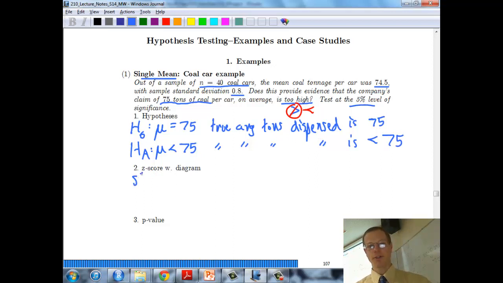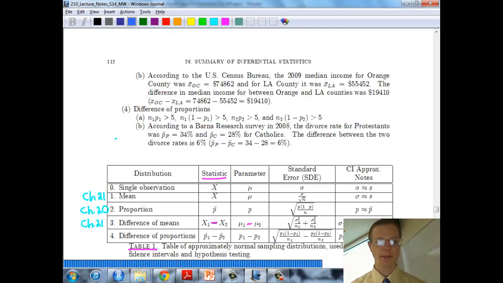Okay, so here we go. The statistic. Again, I'm going to flip over to my table. Since I'm doing the mean, that's in the first one here. Mean is X bar statistic.